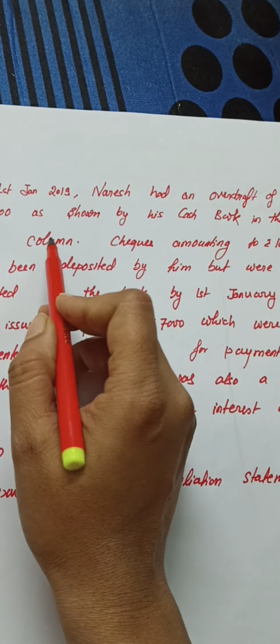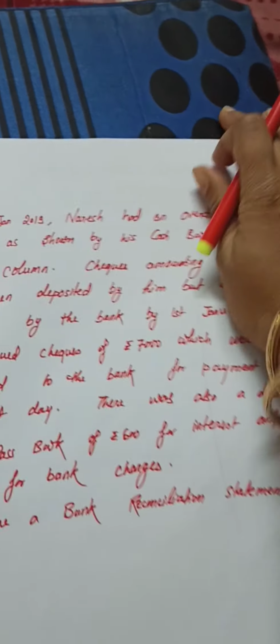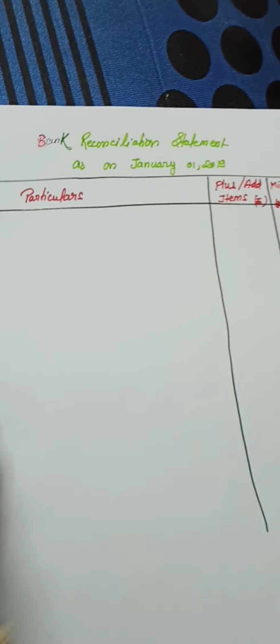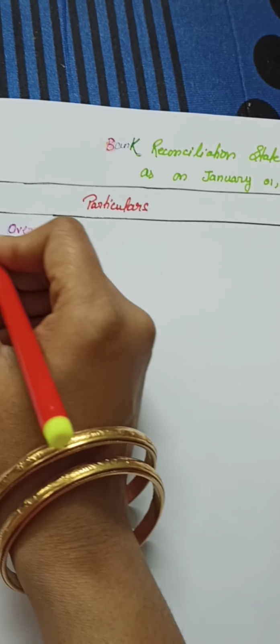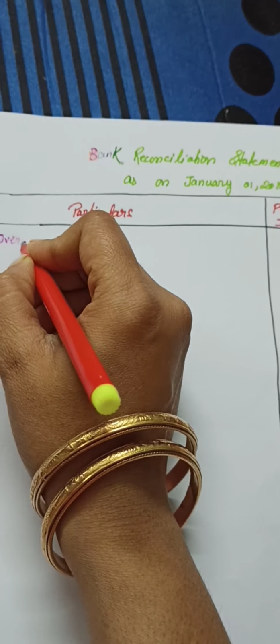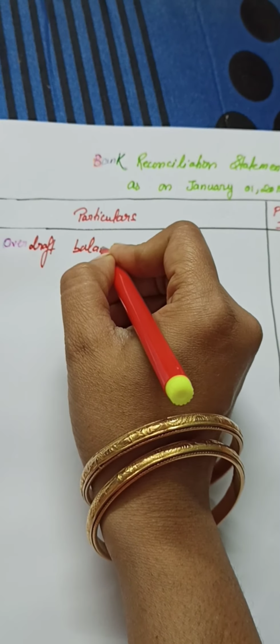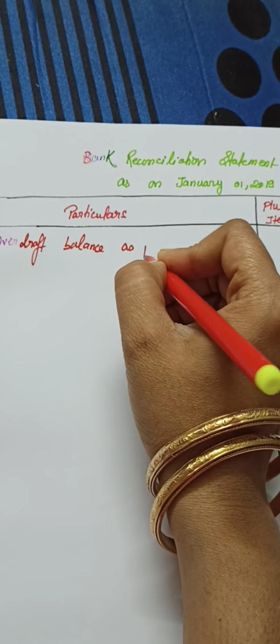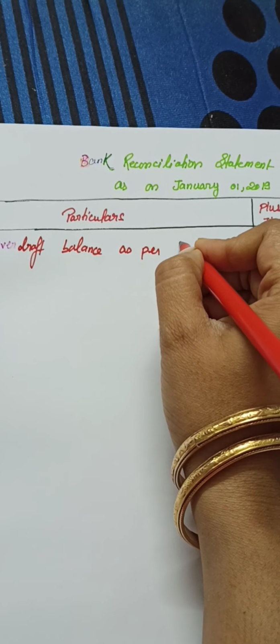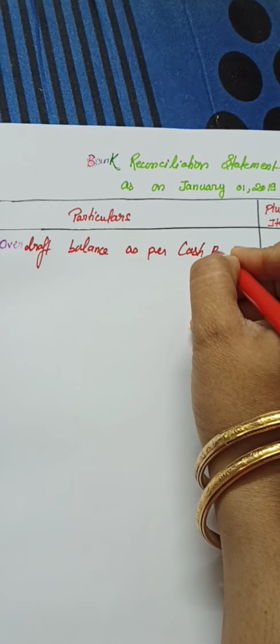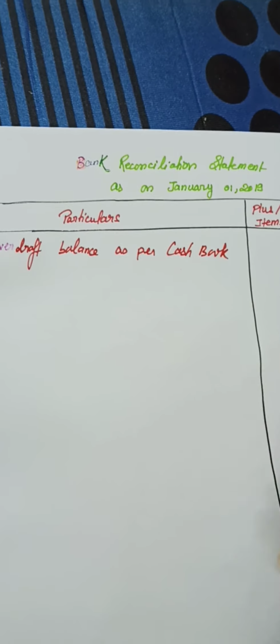As per the question, Naresh had an overdraft of rupees 40,000 as per his cash book. Now, overdraft balance as per cash book of rupees 40,000.